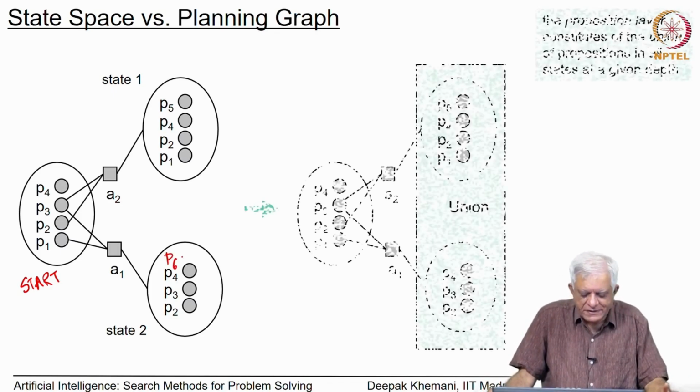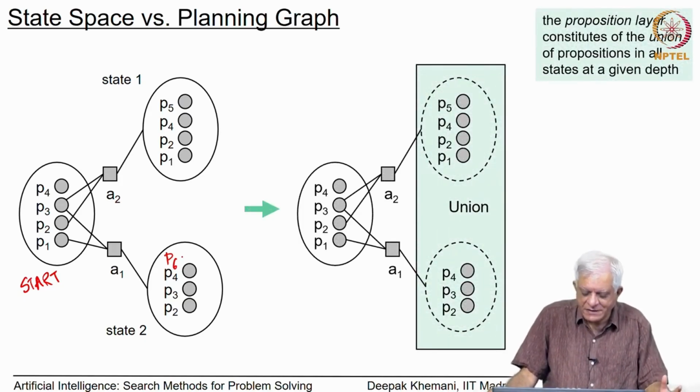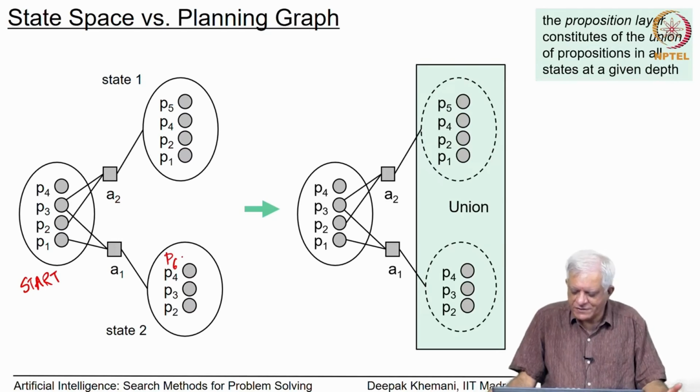What the planning graph does, and this is the most significant part, is that it takes a union of all possible states that the planner could have moved to by applying one action, and it constructs a layer of those propositions. So, that is called a proposition layer.